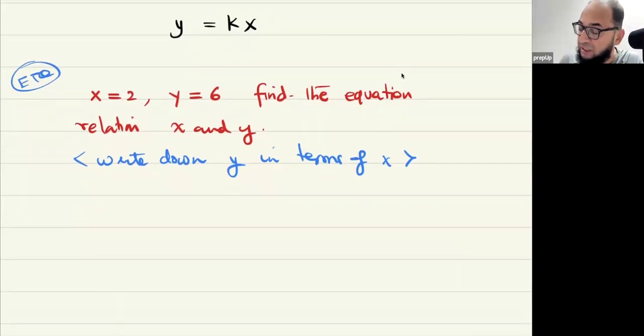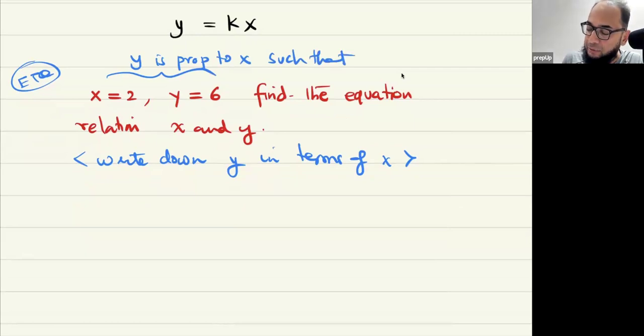And first of all, even before that, it would say y is proportional to x such that, now this is the continuation, when x is 2, y is 6. So first of all, you will write y is proportional to x, y equals kx.